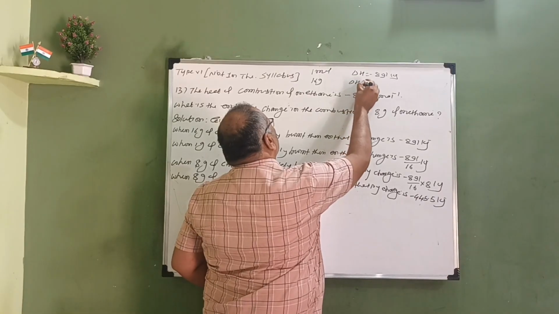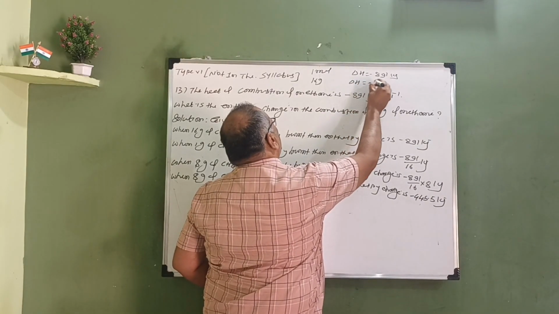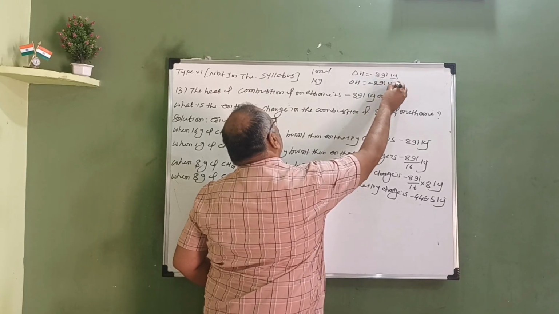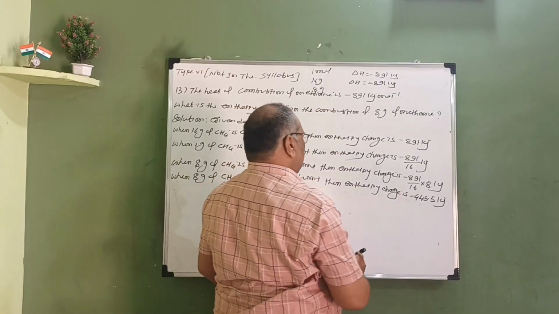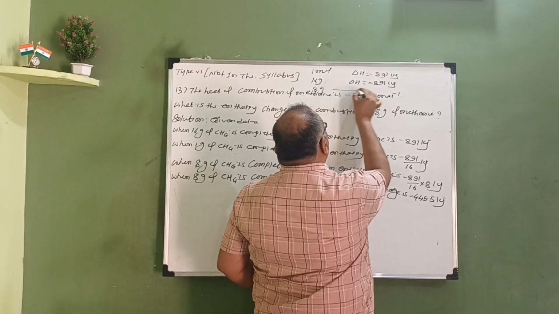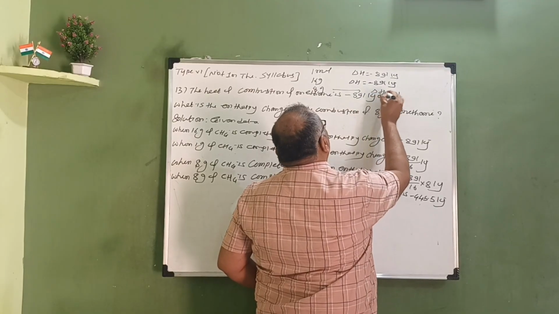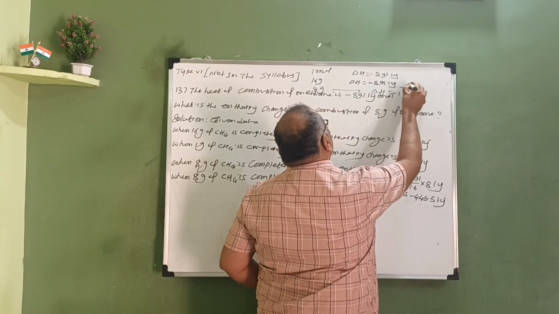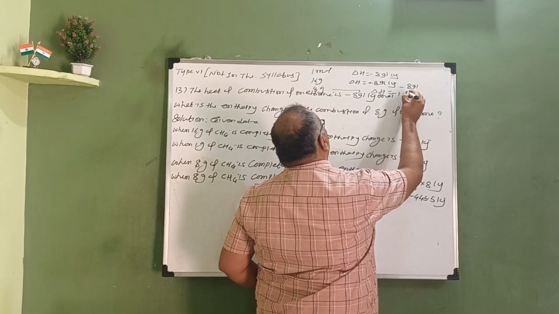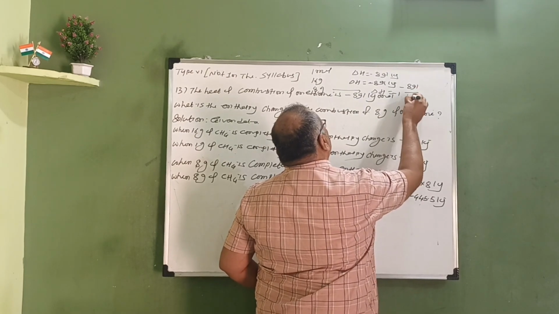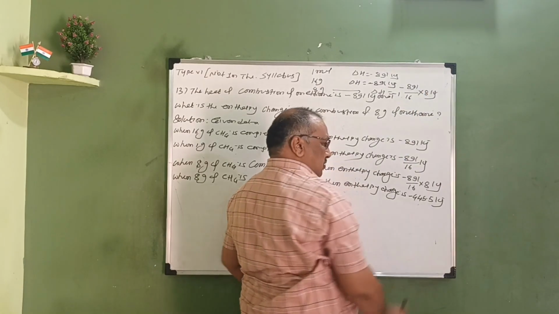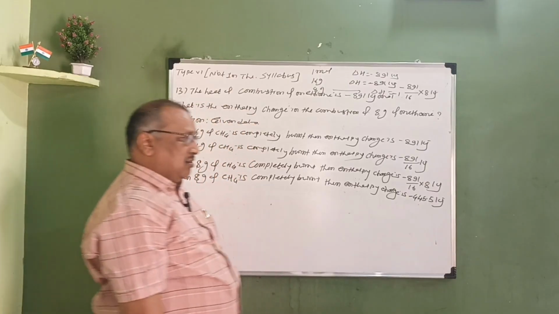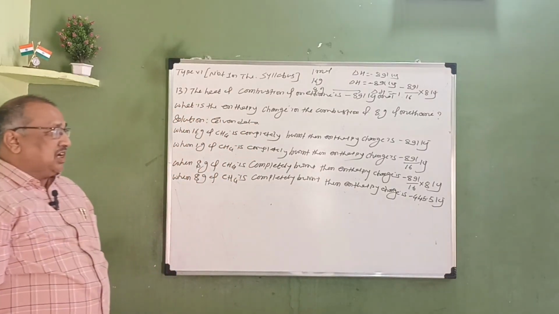That means for 16 gram minus 891 kilojoule, and hence for 8 gram delta H equal to minus 891 upon 16 into 8 kilojoule. That means in this way you can also find out the answer directly.